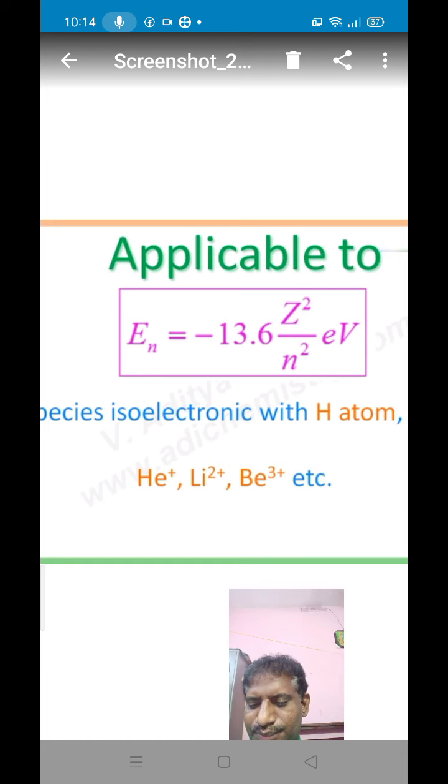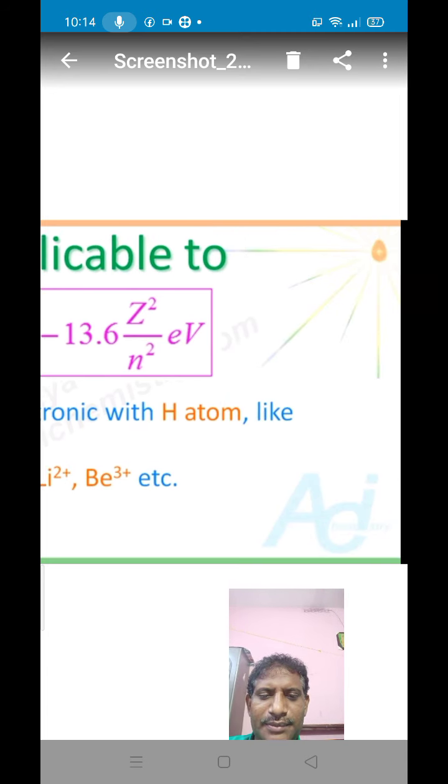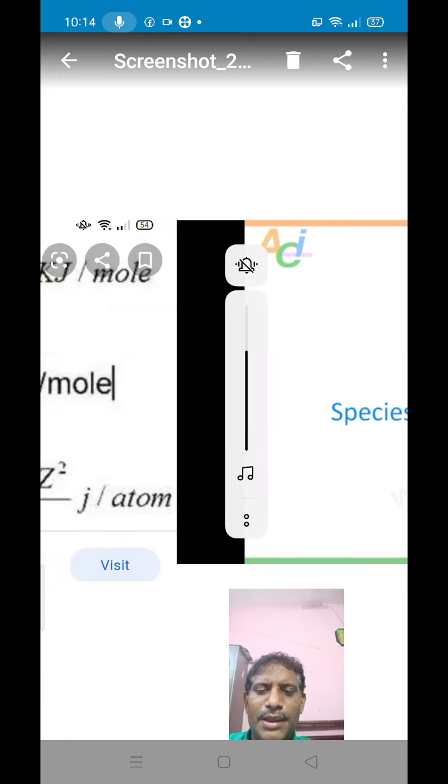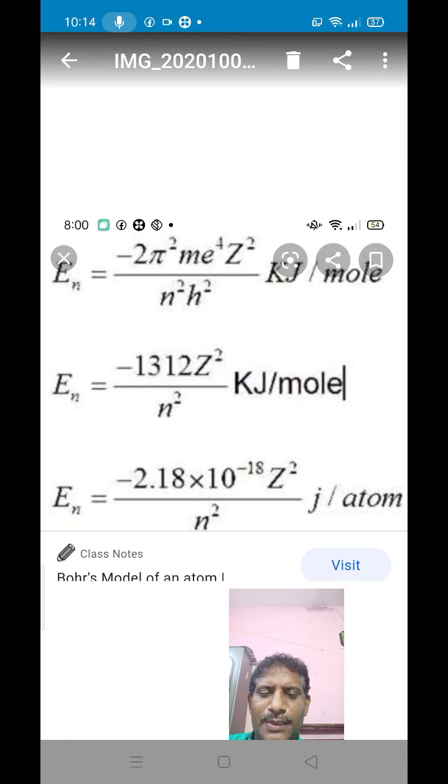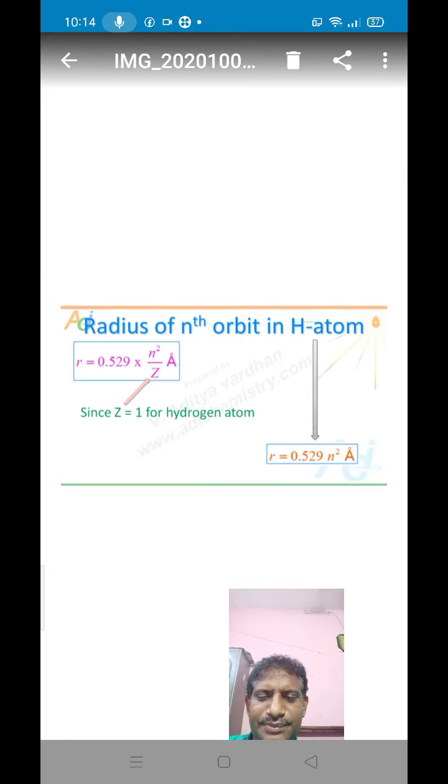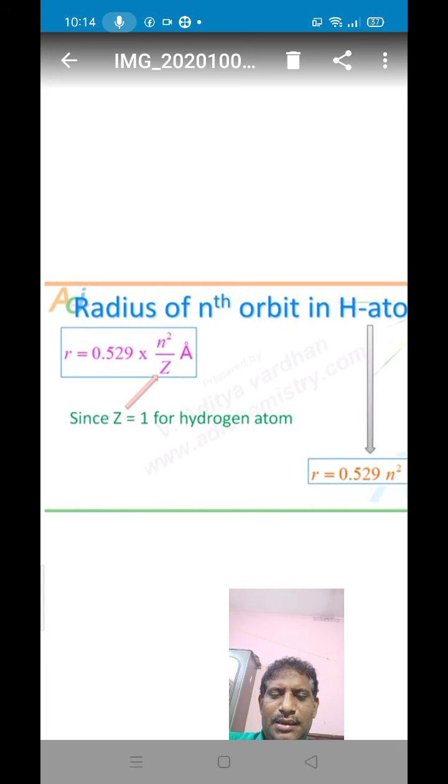The second success is that it gives the expression to calculate the radius of the stationary orbits by using the formula Rn is equal to 0.529 into n square by Z angstrom units.